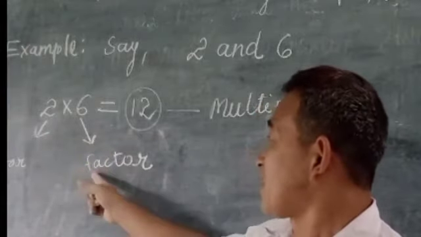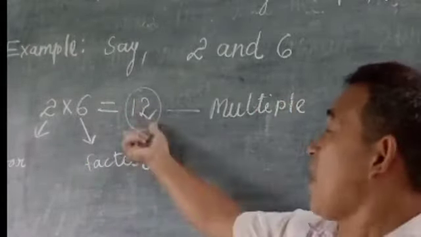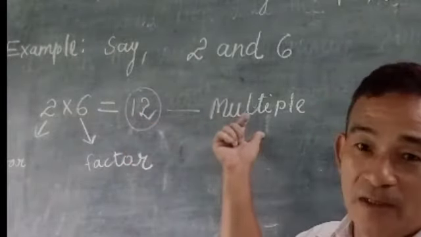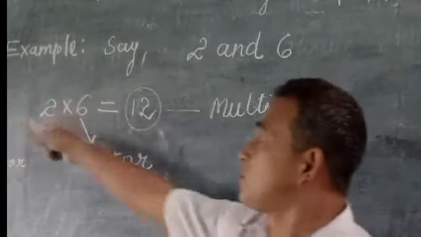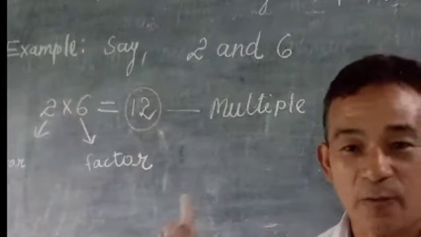So 2 and 6 are factors of 12, and 12 is a multiple of 2 and 6.